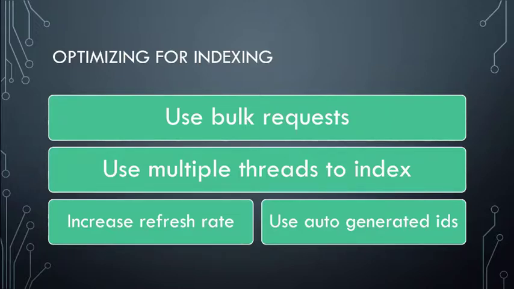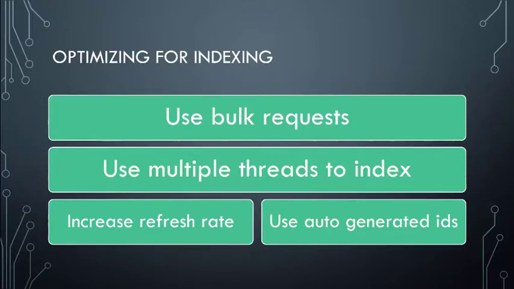Another thing that you can do is that by default, Elasticsearch has a refresh rate, which makes it so that every so often Elasticsearch checks for new documents and makes them available for searches.